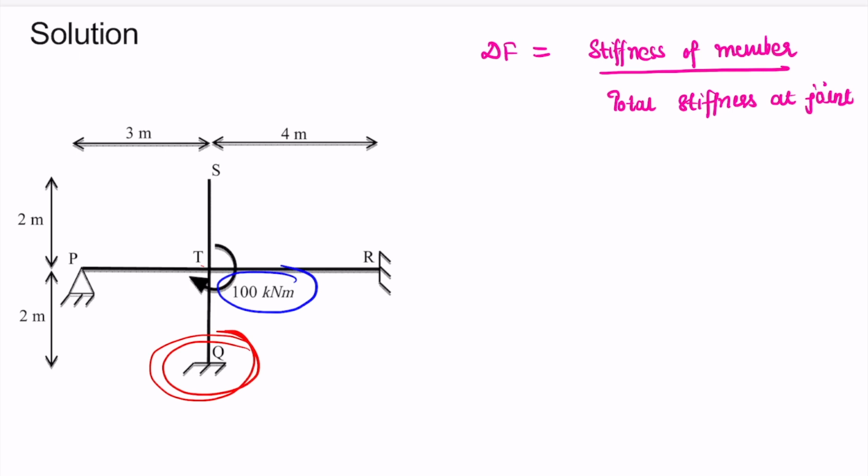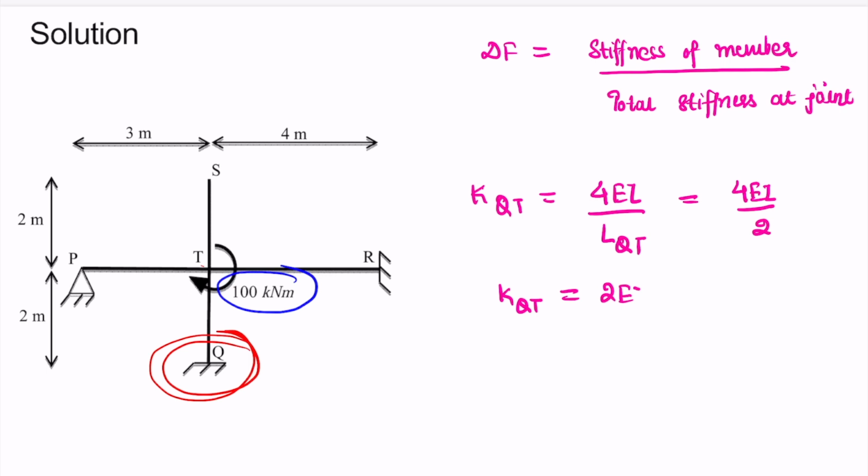So stiffness of member QT will be, since the far end of this member TQ is fixed, therefore we will calculate the stiffness as 4 EI by length of this member QT. So for this case, length of member QT is 2, so 4 EI by 2, or we can say that KQT, that is the stiffness of member QT, will be 2 EI.